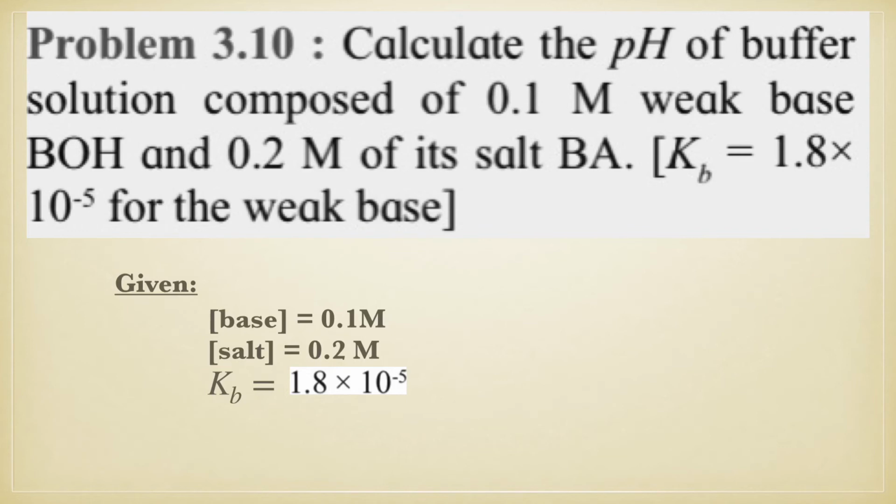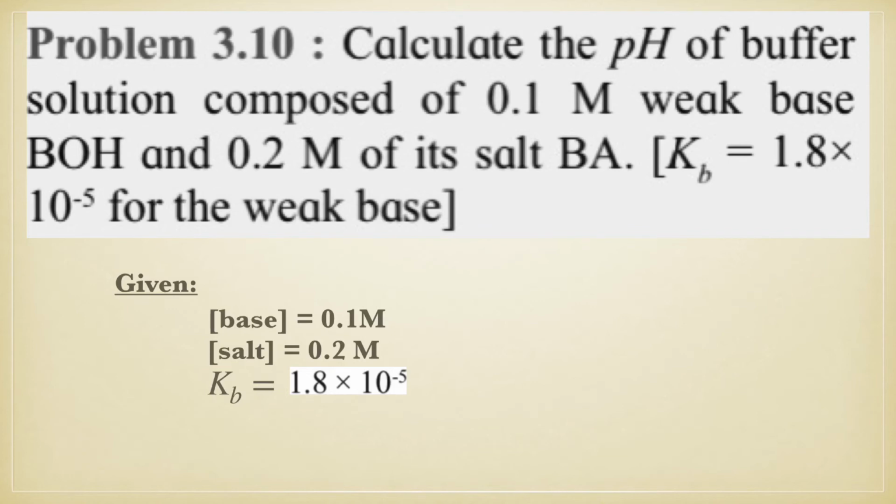Okay, now what is asked over here? pH is asked, but the value for the weak base is given. So first we can find out pOH from the Henderson's equation, and then we can find out the pH by using the formula pH equal to 14 minus pOH.